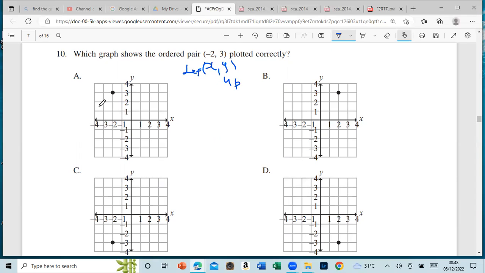So this is A. You have -2, 3, so that would be the correct answer. It couldn't be none of those. This is a +2, 3. This is a 2, -3, because I read the x first. Forgive me, guys, and this is a -2. I'm just a teacher, I like to do stuff. But our correct answer is A.